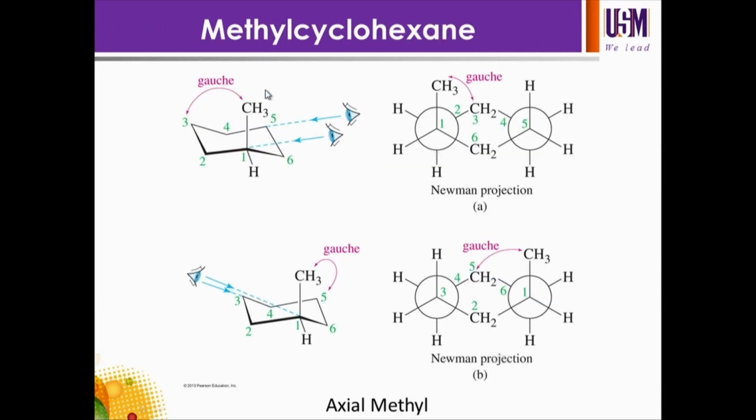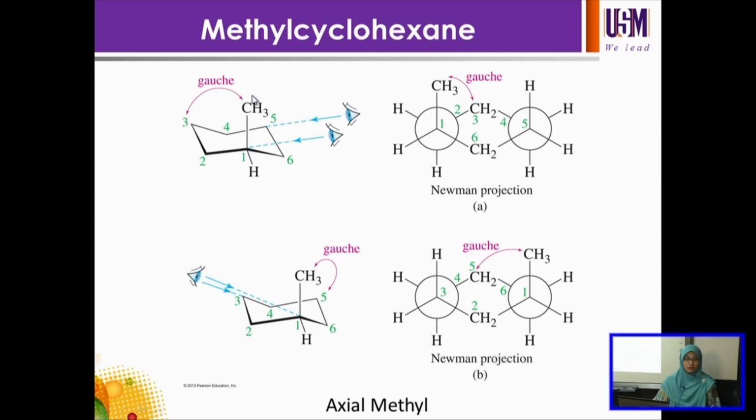Okay, let's look at methylcyclohexane here. When the methyl substituent is in an axial position, it is gauche to carbon number 3. You can clearly see this in the Newman projection. Looking from carbon 1 to carbon 2 and carbon 4 to carbon 5, you see that there is an interaction, or a gauche, between the methyl on carbon number 1 and carbon number 3.